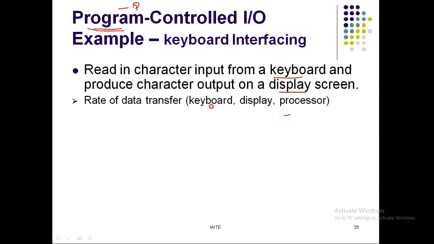The speed with which you type your input is very slow, whereas the speed with which the data is taken by the processor is very high. Therefore we require buffers between the keyboard and the processor. As the rate of data transfer varies so much, we require a buffer in the keyboard as well as a buffer in the processor.